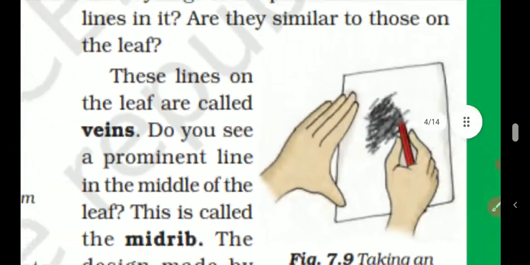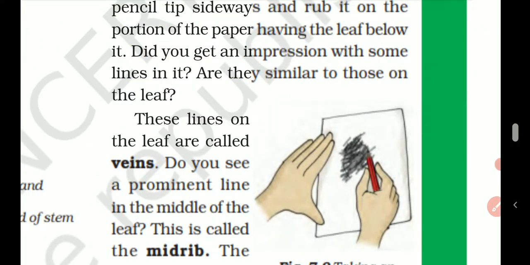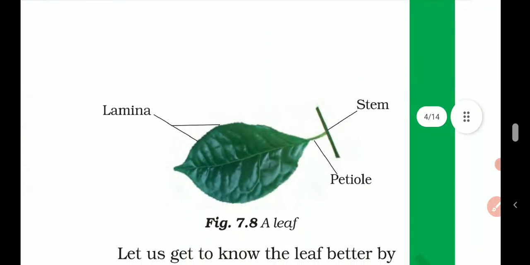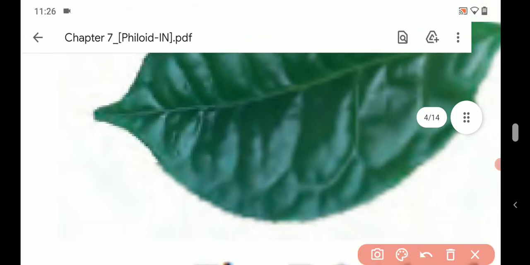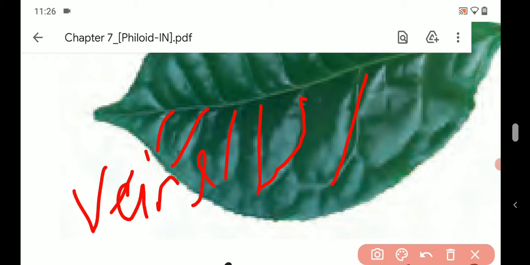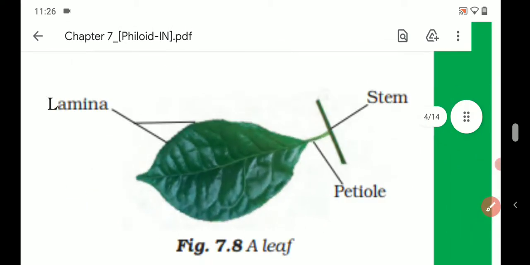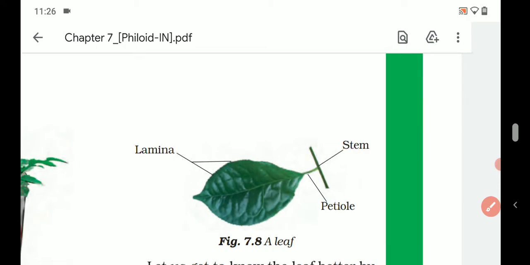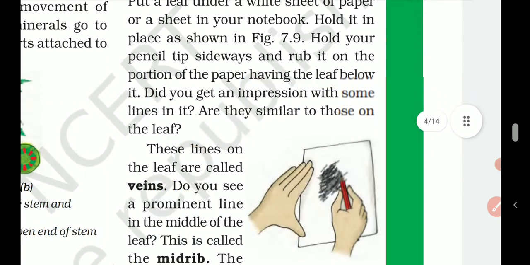No, there is no diagram, I'm sorry, but it is written that these lines on the leaf are called veins. If you see very closely at the leaf, you can see the lines, the veins. See in this diagram only. See these lines, these are called veins. So we have discussed lamina, petiole, stem and veins.